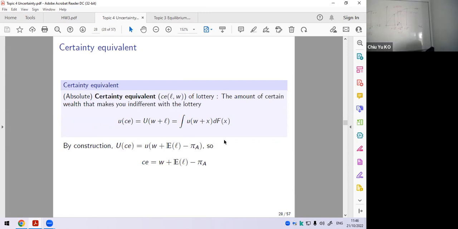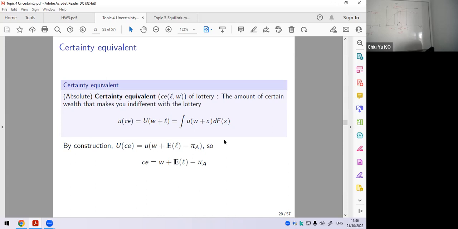Indeed, some people would call this the certainty equivalent. It's how much wealth I give you that you're okay to take, as if you do the lottery.